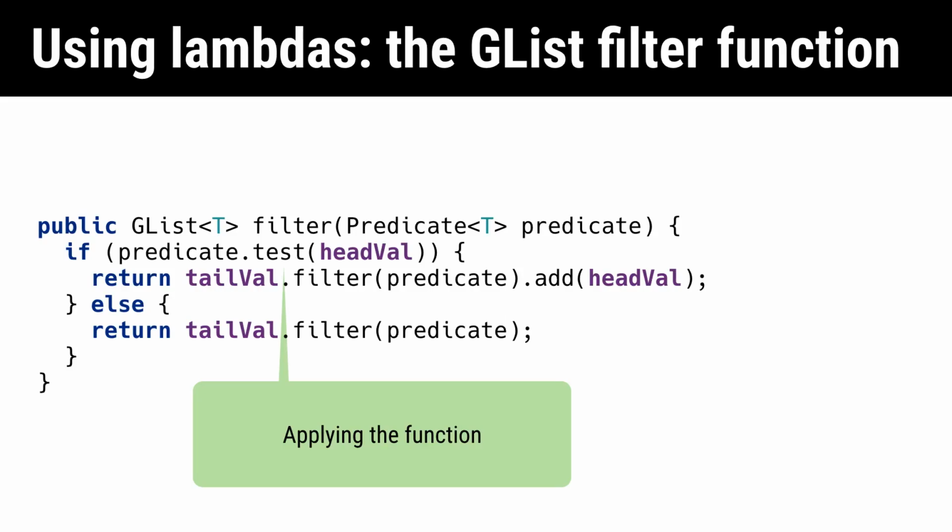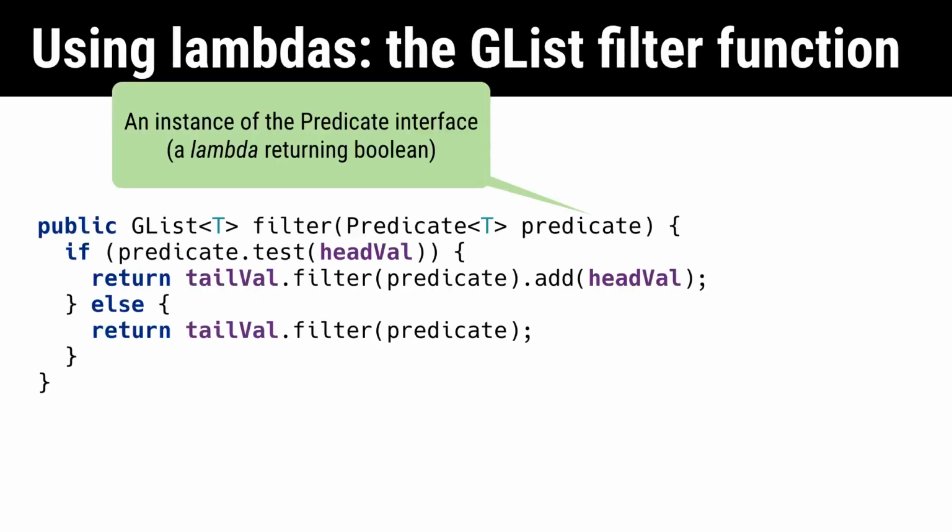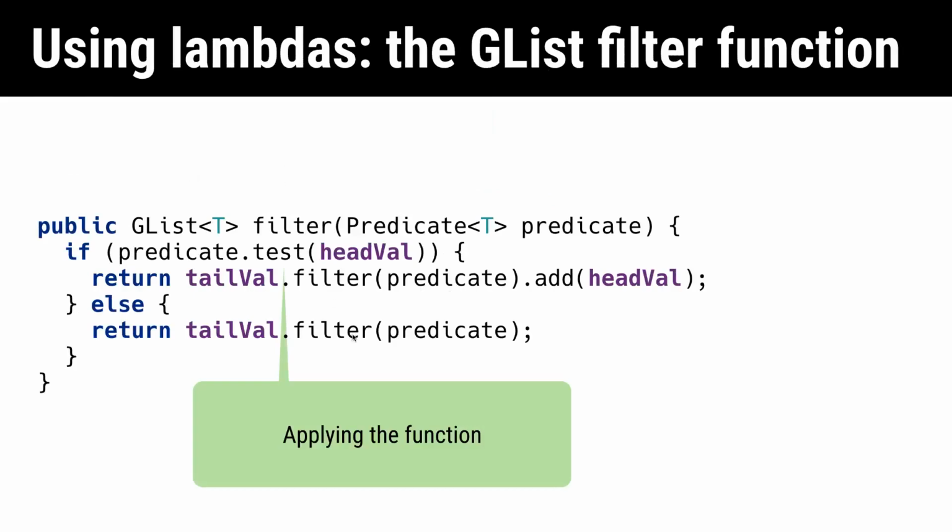So we're going to test that lambda on the head of the list, and if it's true, then we will recursively filter on the tail of the list and then add the head value on to whatever comes back from that recursion. But if the predicate failed, that means that we don't want that element, so we're just going to return recursively whatever filtering on the tail does. We'll deal with the base case of empty lists in just a minute.